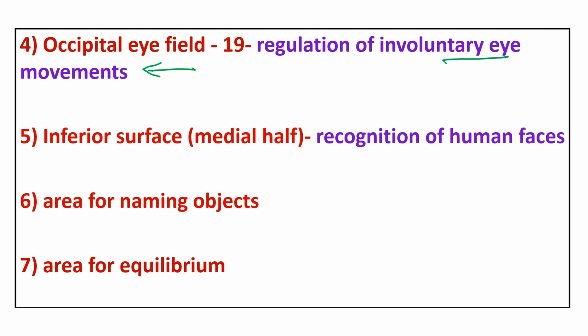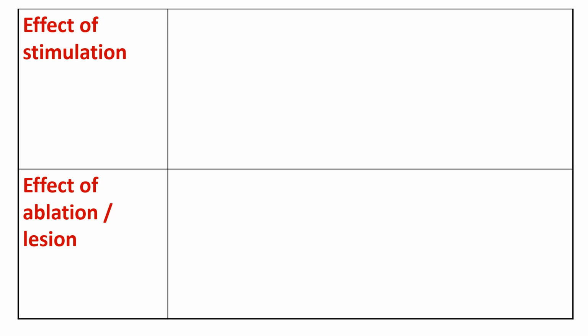Then inferior surface also we have seen, this is for recognition of human faces, medial half. And then we are having area for naming the object and area for equilibrium for conscious awareness of balance or equilibrium.